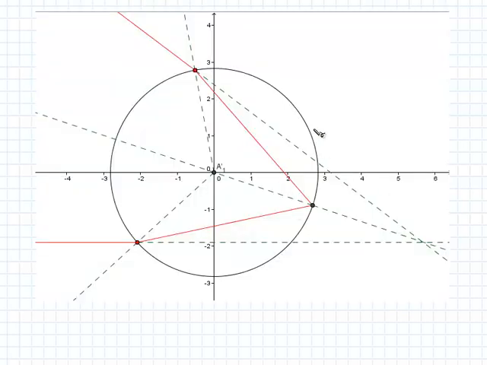Okay, here's a diagram. I laid it out using GeoGebra so it could make it accurate. So this is what we're calling theta 1, and this is what we're calling theta 2. Notice that we have here an isosceles triangle, so this also is theta 2.